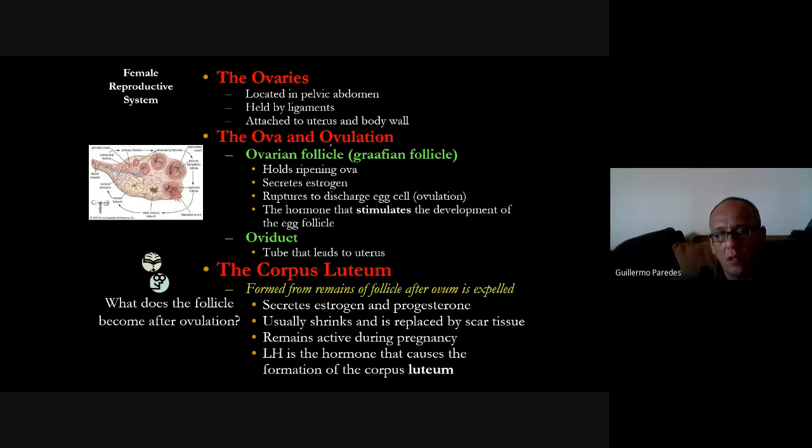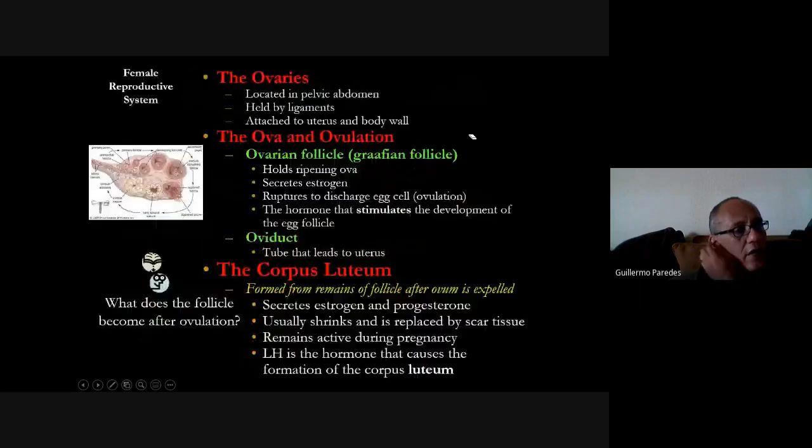Okay? These are follicular cells. And the ovum inside, all this is called follicle. Period. Nothing else. Follicle. But these cells around are called the follicular cells. That is what we call. Okay? All right. We okay with that? Okay.